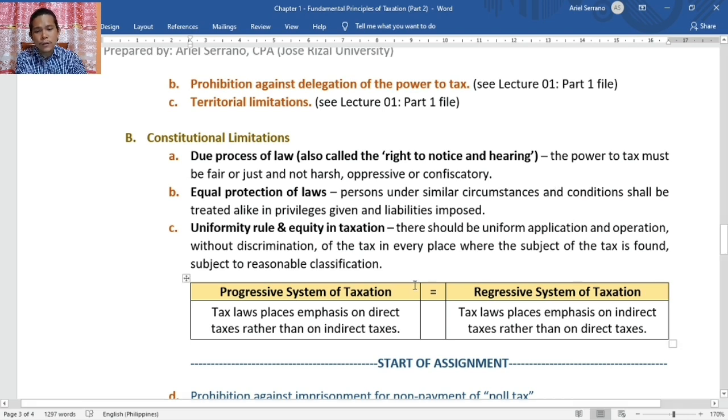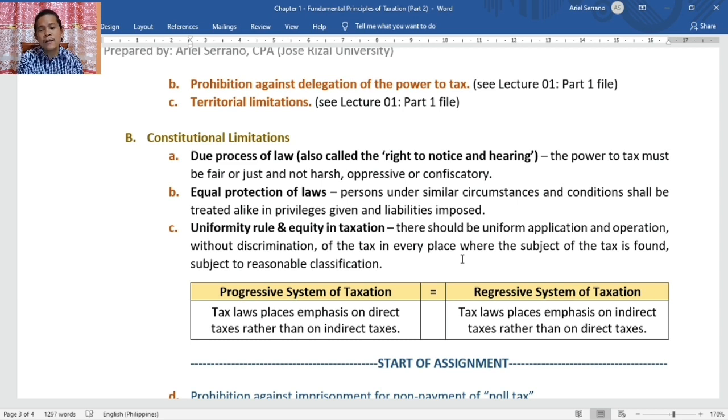Okay? Now, uniformity rule and equity in taxation. Let me read it to you: there should be uniform application and operation without discrimination. So it should not favor anyone. There is no discrimination of the tax in every place where the subject of the tax is found, subject to reasonable classification. And when we are talking of the uniformity rule, we speak of the progressive system of taxation versus the regressive system of taxation.